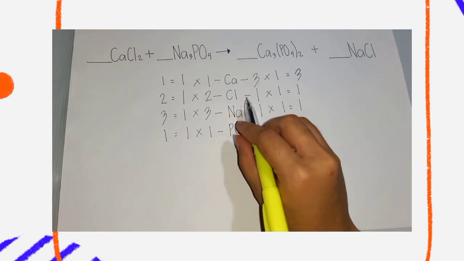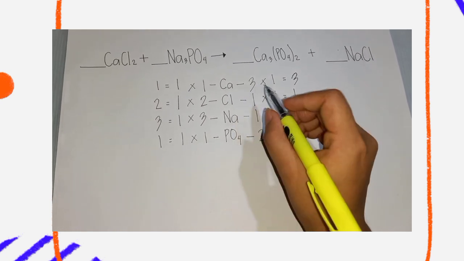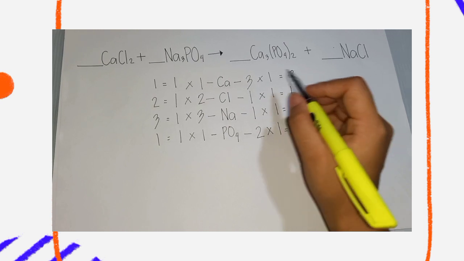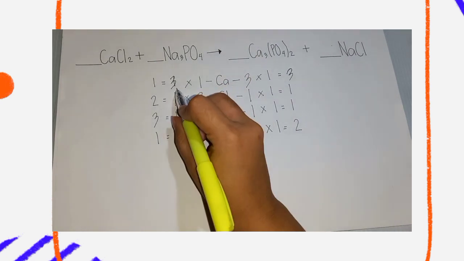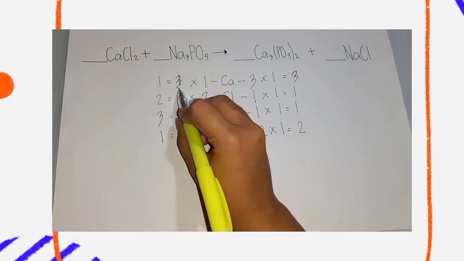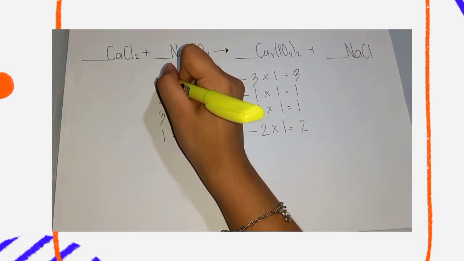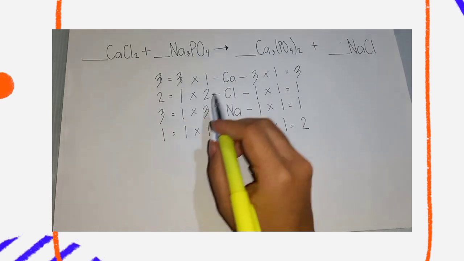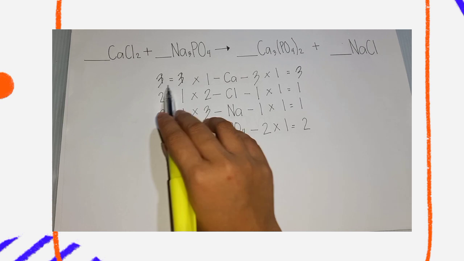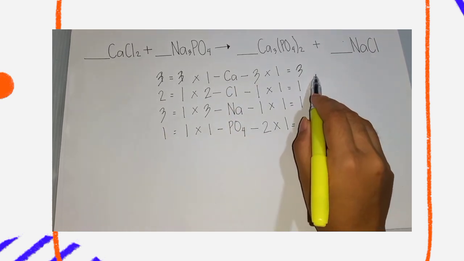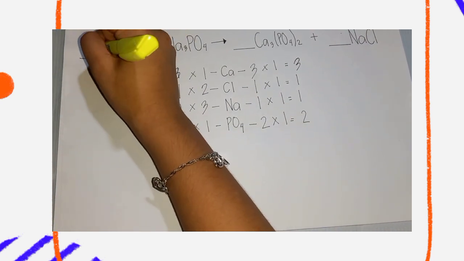The coefficient that would result in 3 is 3. So we need to write down 3 as a coefficient. So 1 times 3 now results in 3. As you can see, it is now the same as the product. So we write 3 as the coefficient for the calcium.